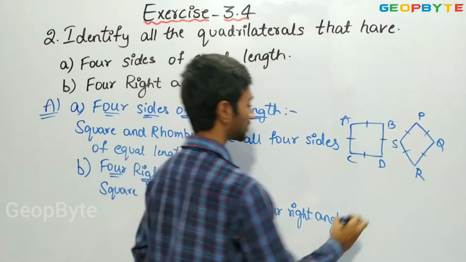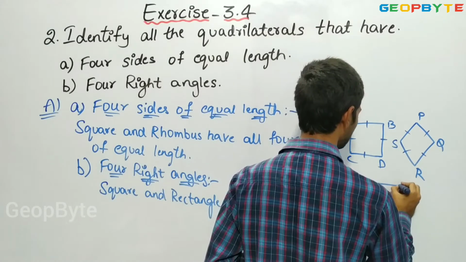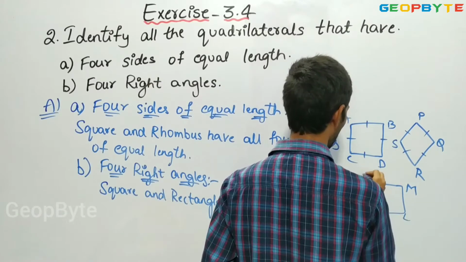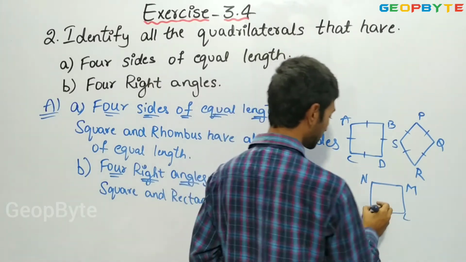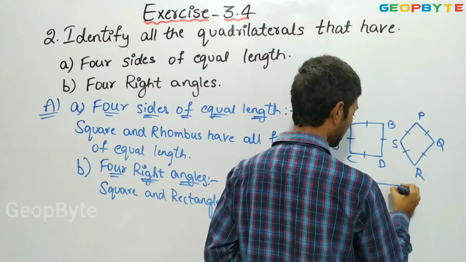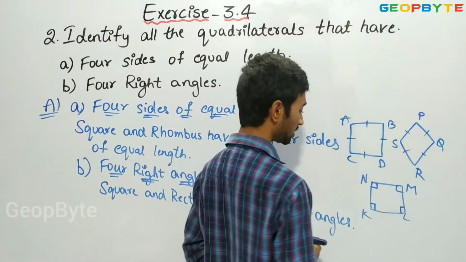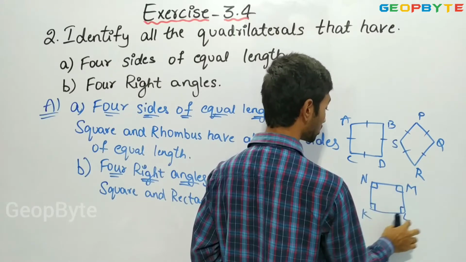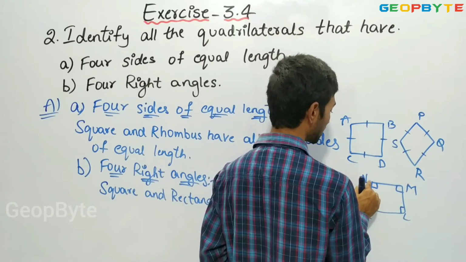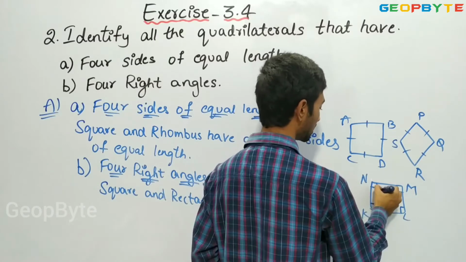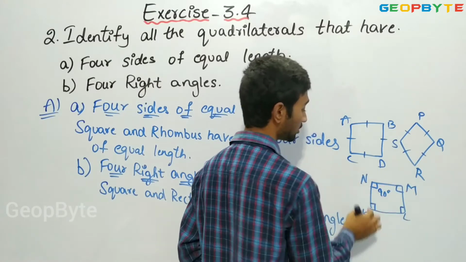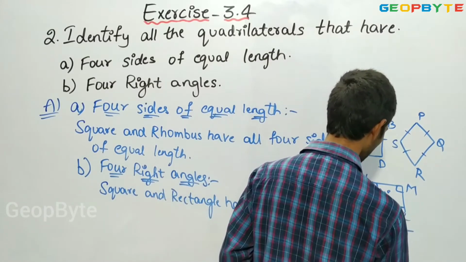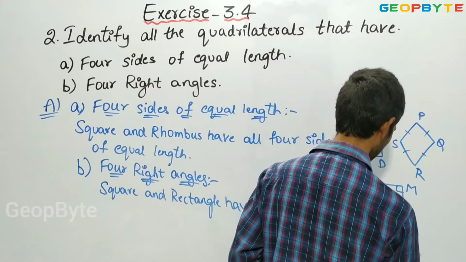So for a square, let us draw a square KLMN. So the angles near K, L, M, N are equal because here opposite sides are equal and all sides are also equal. So that is the reason angles at every corner will be equal, that is 90 degrees. So square has all angles equal. Now let us see for a rectangle.